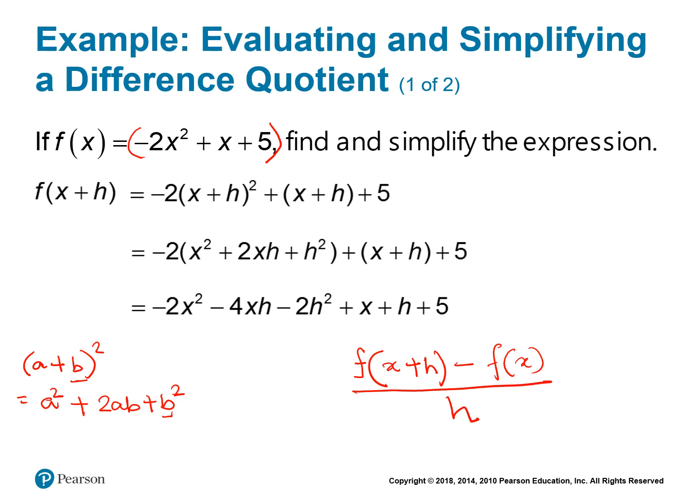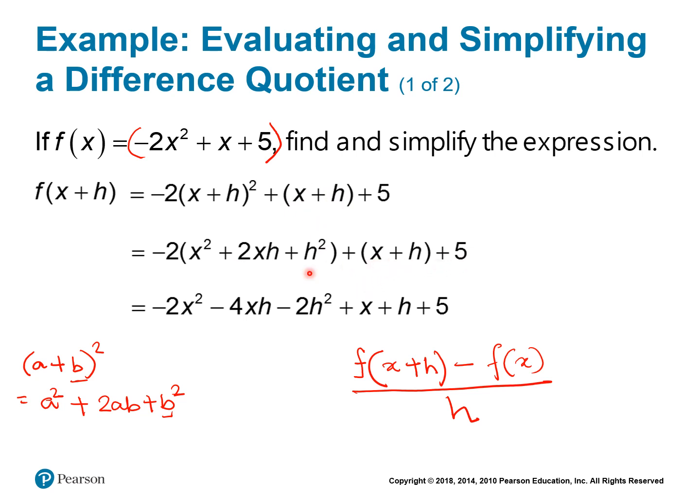So over here, x plus h, x is the first term, so it's x squared plus 2 times x times h, so 2xh plus h squared, plus x plus h. We cannot simplify or expand this any further, so plus x plus h plus 5.